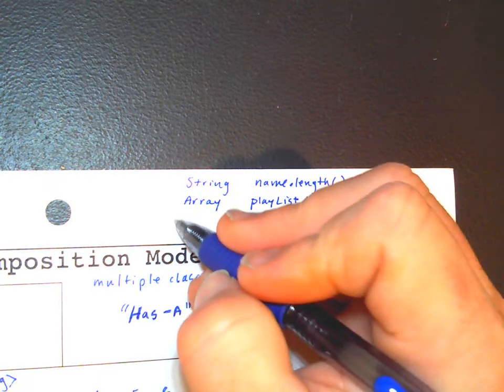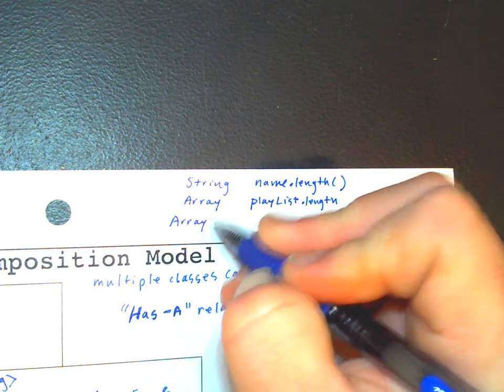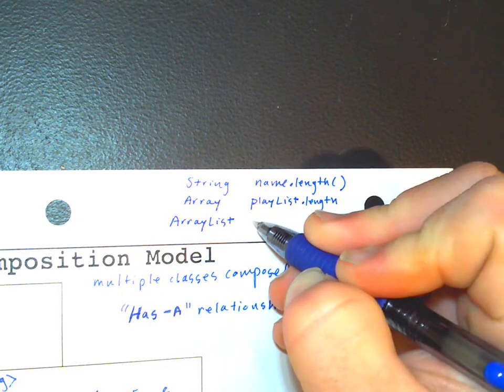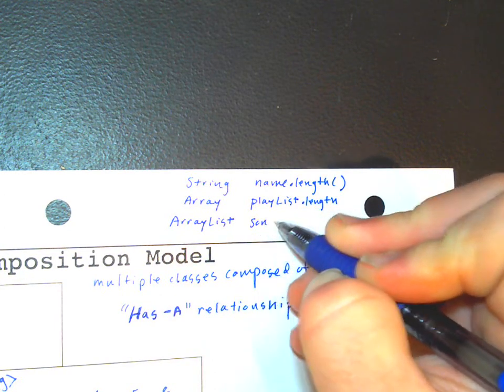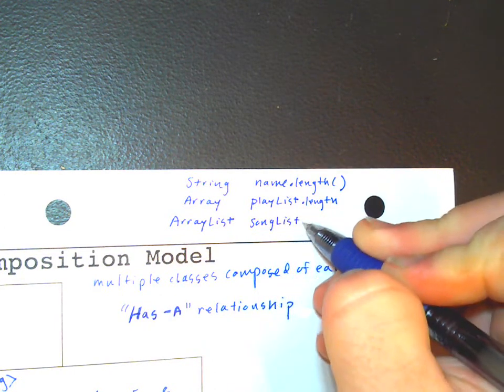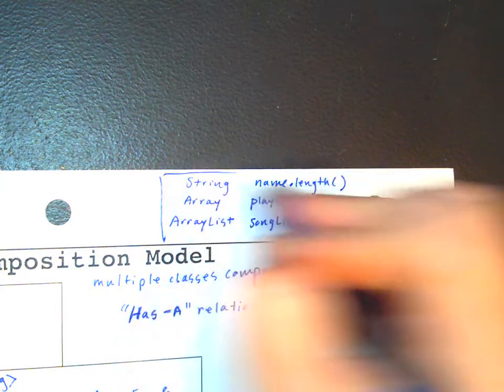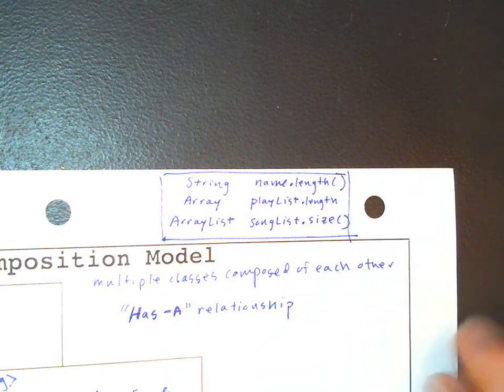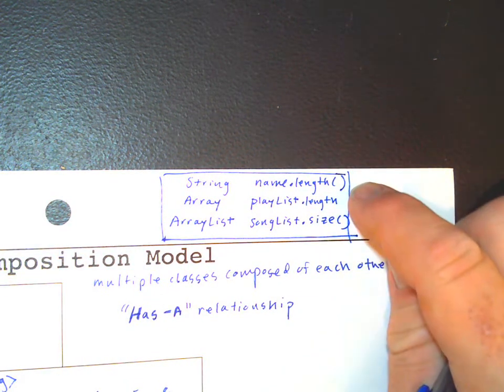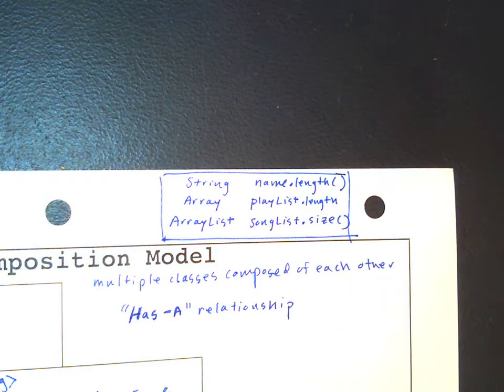And for an array list, it's going to be song list, just as an example, dot size. So you've got to keep track of these three different things that do very similar things, and two of them have the same name, but one has parentheses and one doesn't, and one's dot size. So that gets a little difficult.